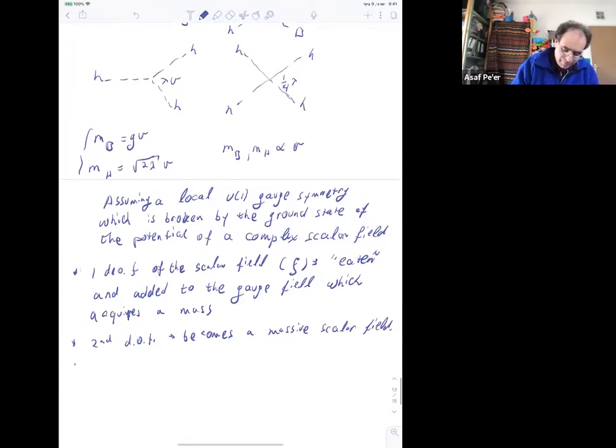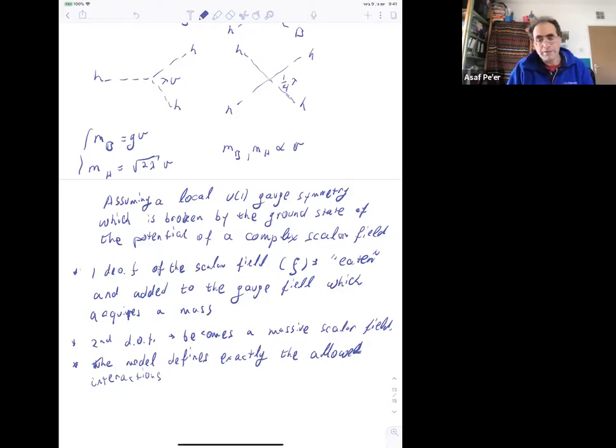And we know exactly the allowed interactions. The model defines exactly the allowed interactions and the couplings.